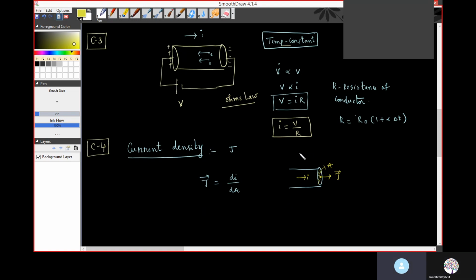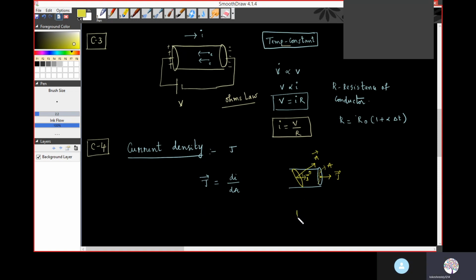Now, if the area of cross section is say like this, then area is in this direction. The direction of area is always perpendicular to the surface, and J direction is in this direction. So let us take this is the angle theta.